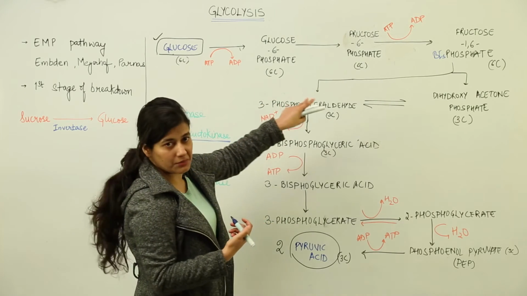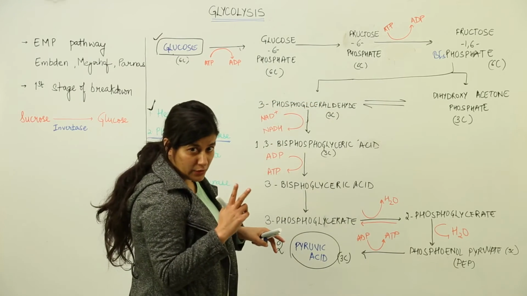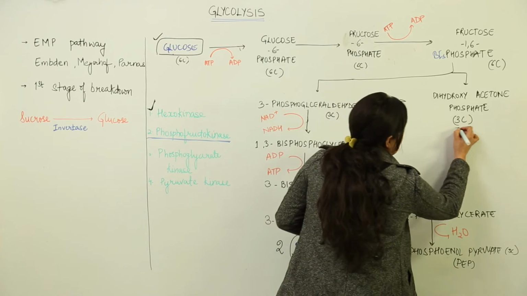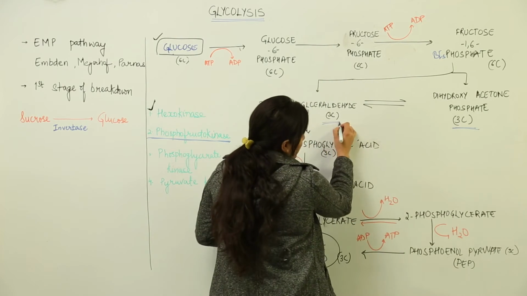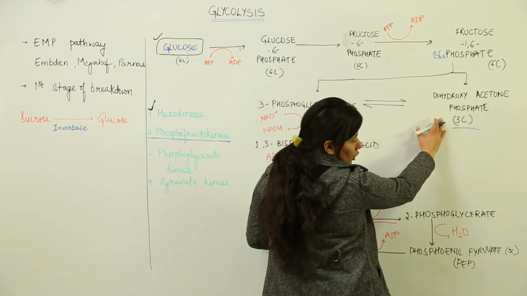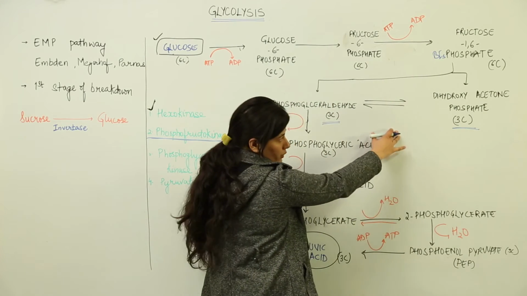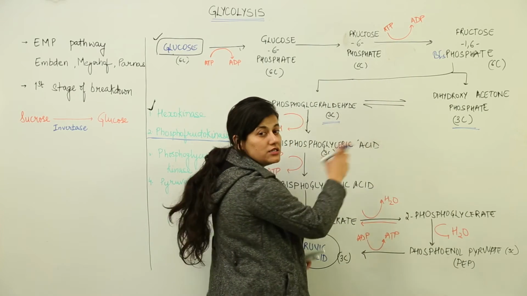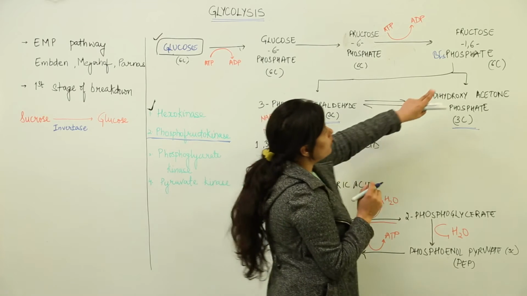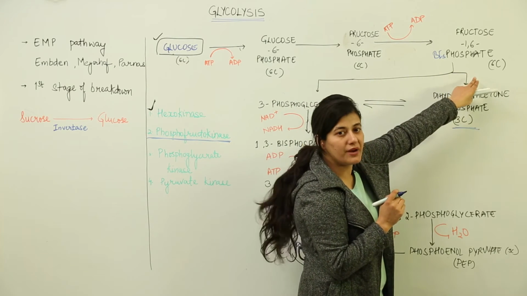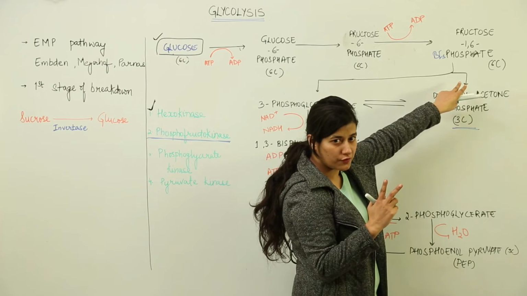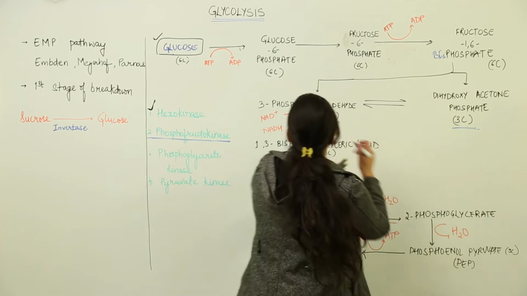From the 6-carbon compound, now you have 2 compounds which are 3 carbons each. Also pay attention that both the triose phosphates that I have written over here are interconvertible.